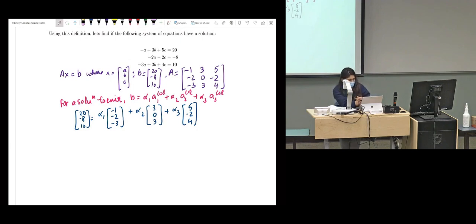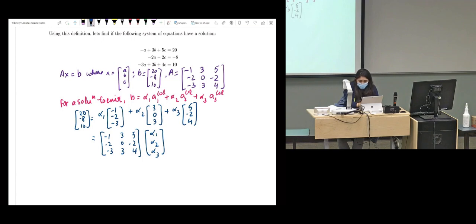Now that you have this, you can write this down as the matrix minus 1, minus 2, minus 3, 3, 0, 3, 5, minus 2, 4 times alpha 1, alpha 2, alpha 3.